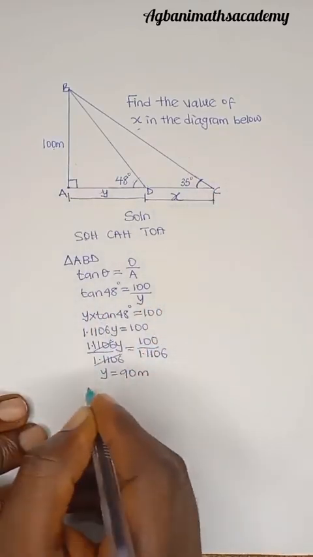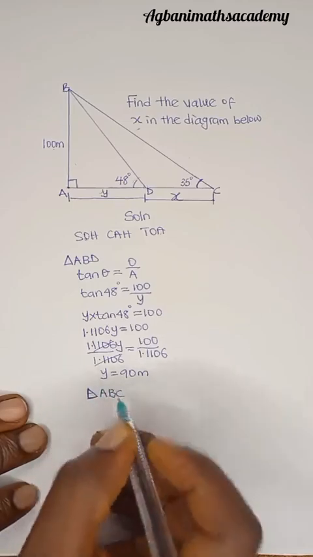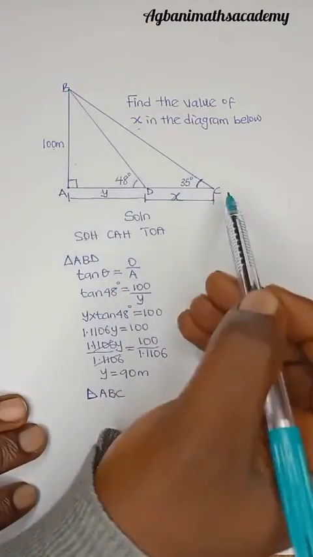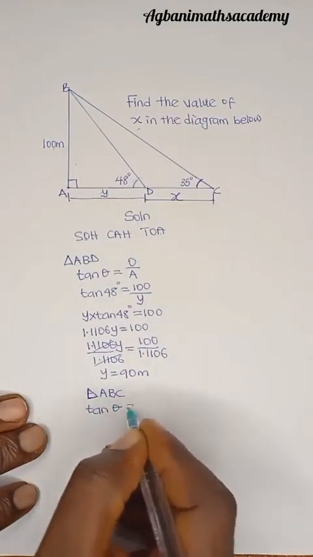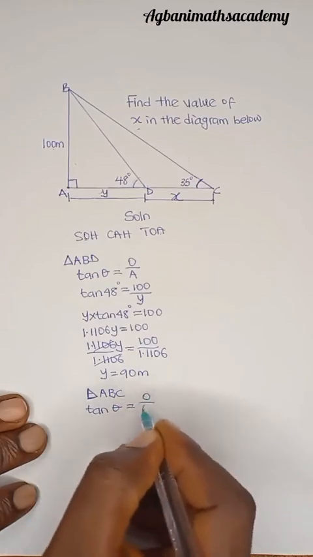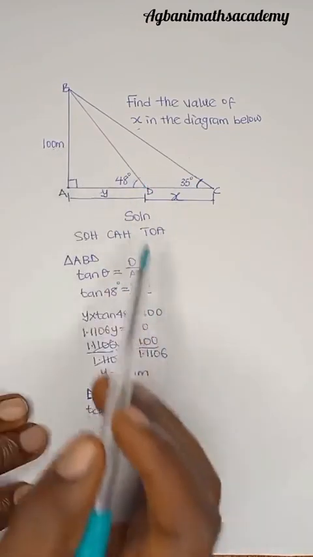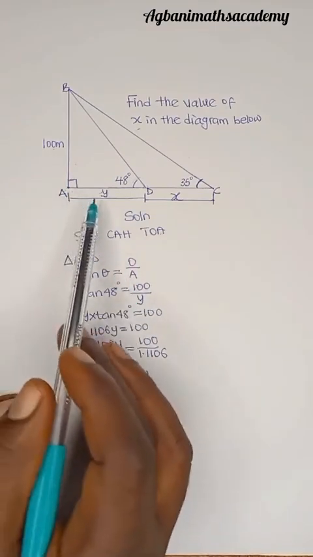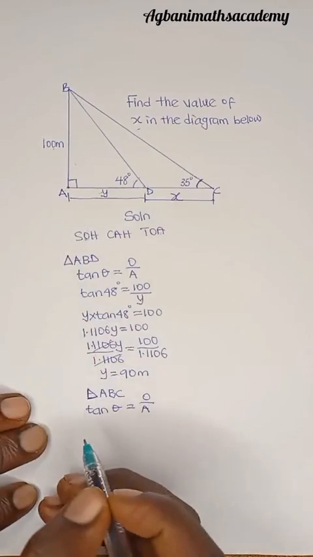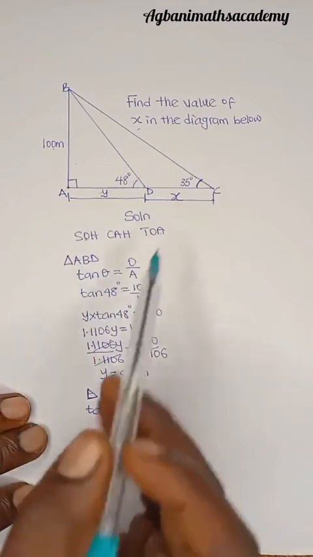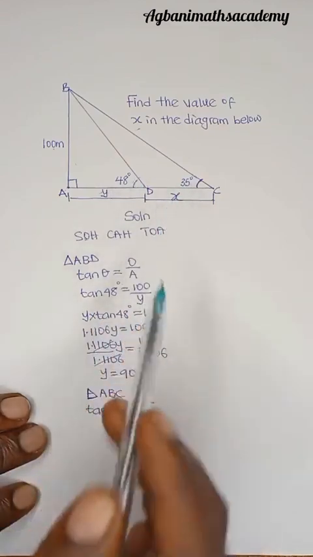Okay, so considering triangle ABC, right? Tan theta is equal to opposite over adjacent. At this point, the opposite is still 100 meters, but the adjacent has changed from just y to y plus x. Okay, so we are going to put that into consideration. Also remembering that the angle theta is no longer 48 degrees but 35 degrees.